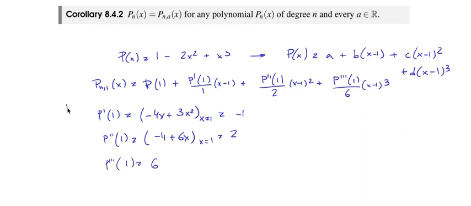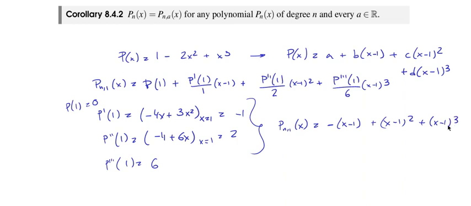And then we have p at 1, which is 1 minus 2 plus 1, 0, right? And with this, we get Pn,1 at x is just 0 plus minus 1 times (x minus 1) plus 2 divided by 2, so 1 times (x minus 1) squared, and then plus 6 divided by 6, which is (x minus 1) cubed.